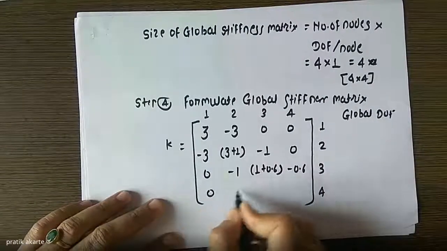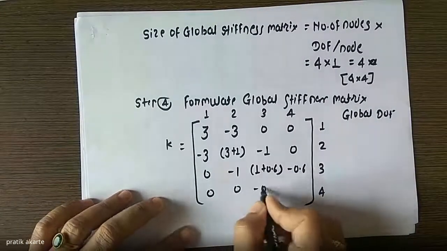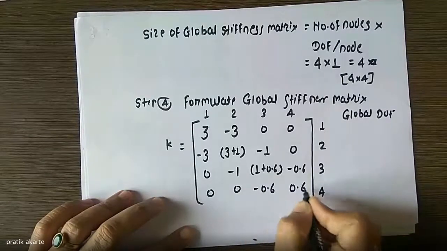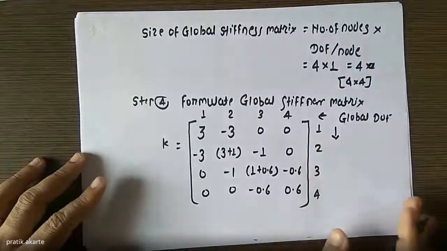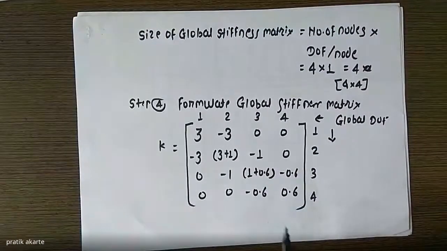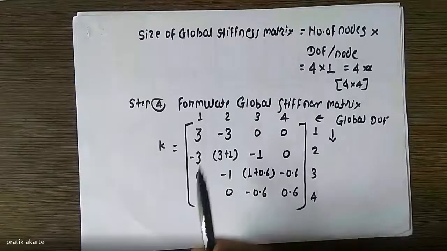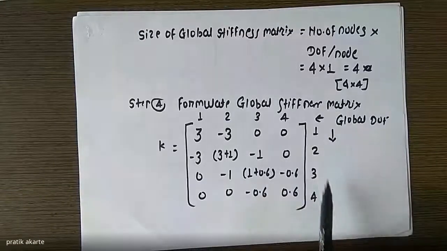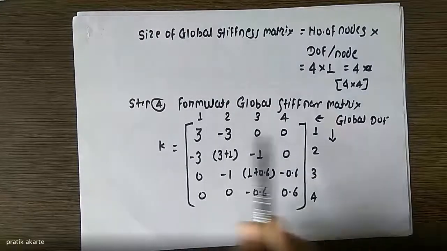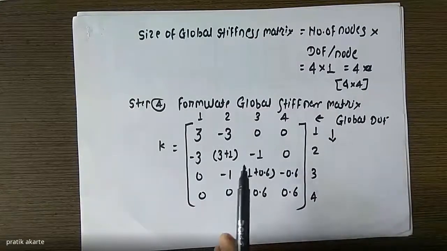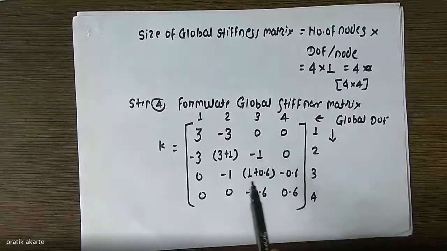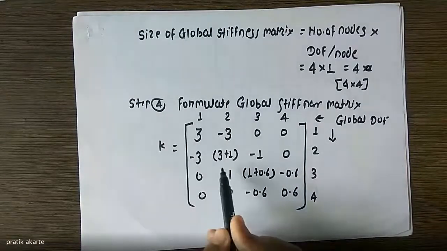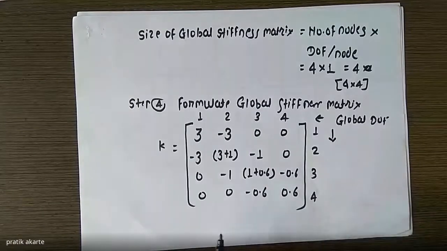So I'll be adding this over here, 1 plus 0.6 and minus 0.6. In this fashion I can complete my global stiffness matrix. Okay, so hope you have understood how to generate this global stiffness matrix. First write the global degrees of freedom, and then go on checking the respective rows and columns, so that you can get the proper elements and place them along with their signs.